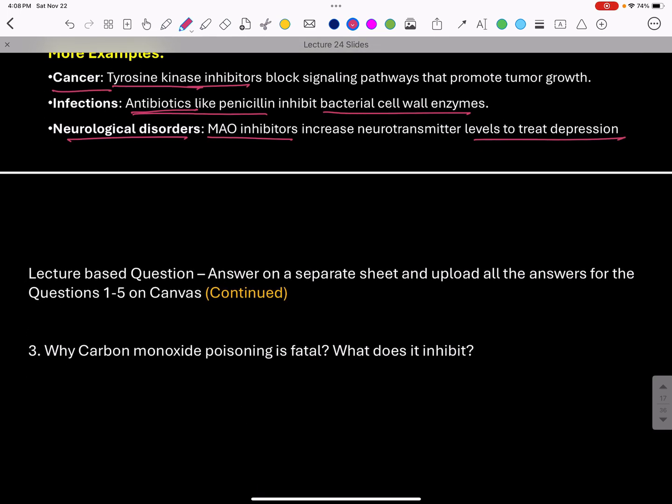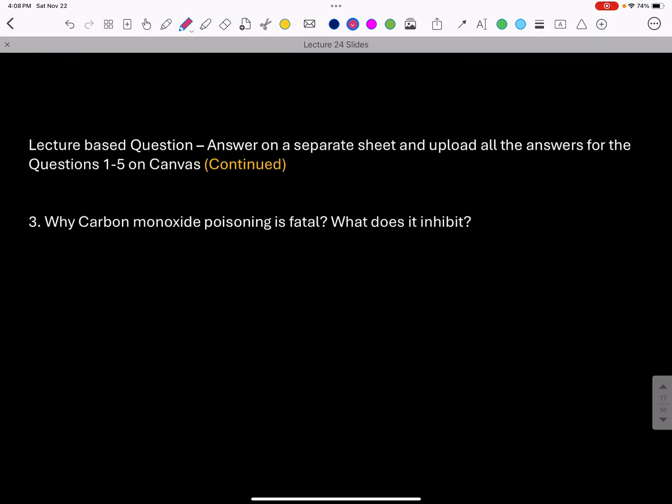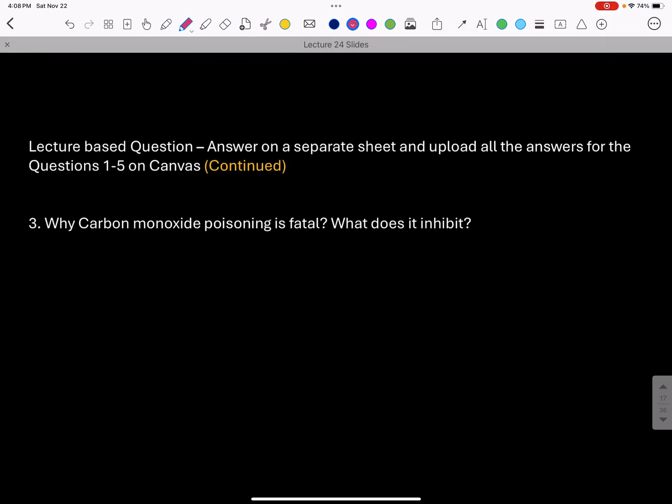So at this point, I have another question. And again, you can pause at this point, answer this question, and come back to the lecture. So we have heard of carbon monoxide poisoning. Whenever there is a fire, the first thing is to ensure that the people are not exposed to carbon monoxide for more than a few minutes. 20 minutes or 30 minutes is the maximum.